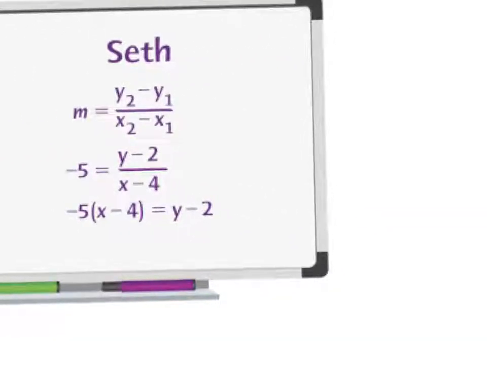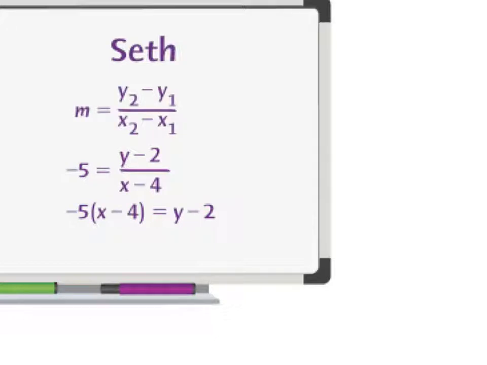Seth, on the other hand, did something that looks a little bit more complicated. What he did after he substituted things in is that he got rid of the x minus 4 by multiplying by x minus 4 on both sides. This looks a little bit complicated right now, but it is possible to do. And he ended up with this situation.